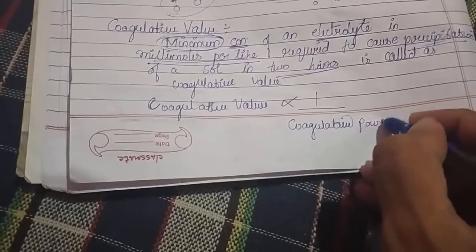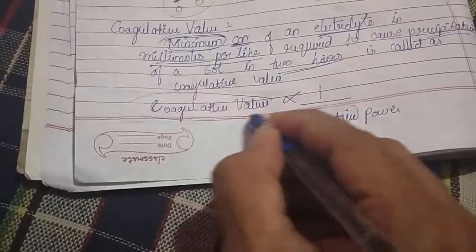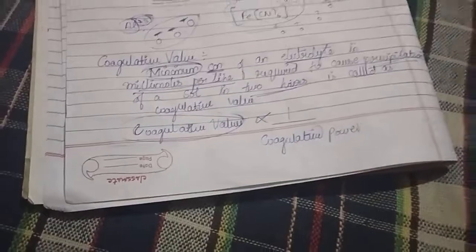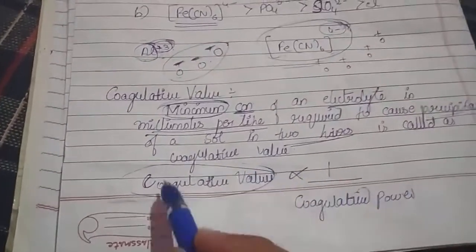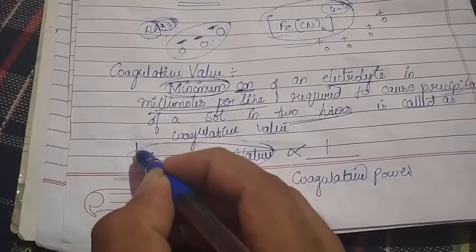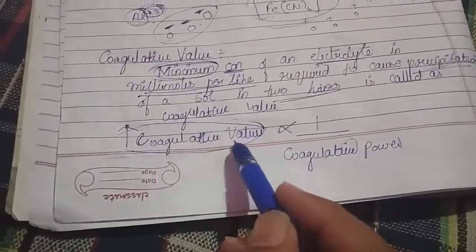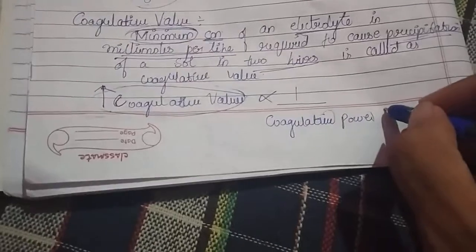So whatever coagulative value you get, it will be inversely proportional to the coagulative power. That means the higher the coagulative power, the lower will be the coagulative value.